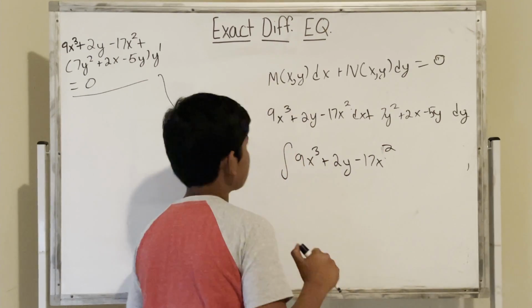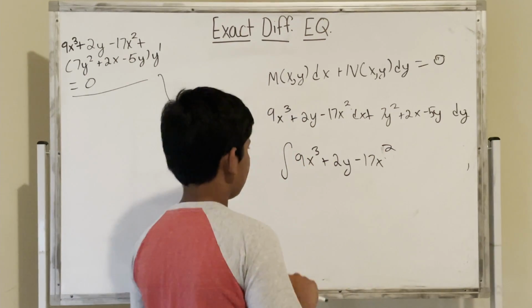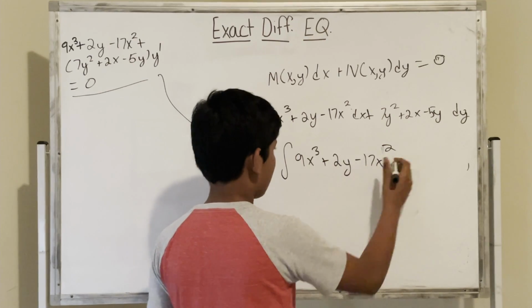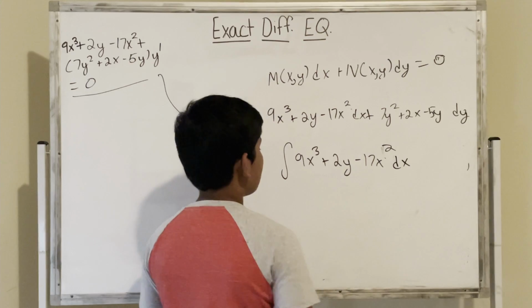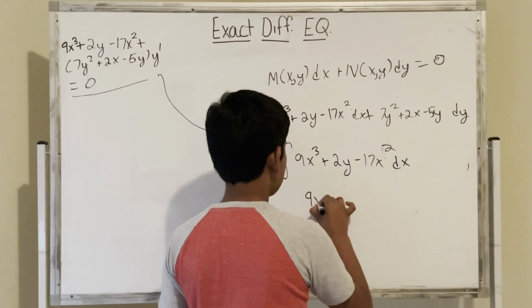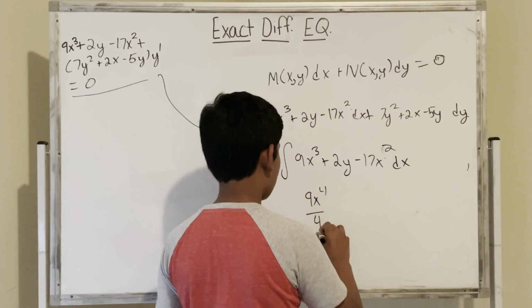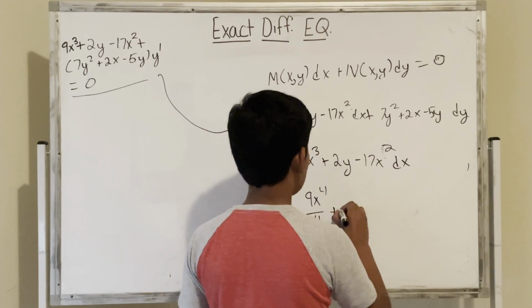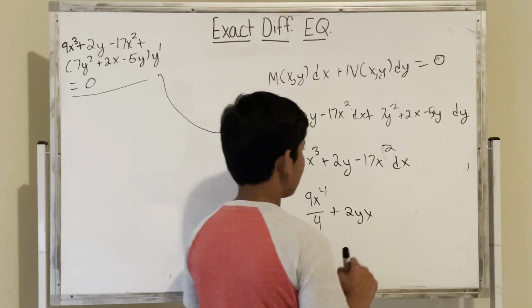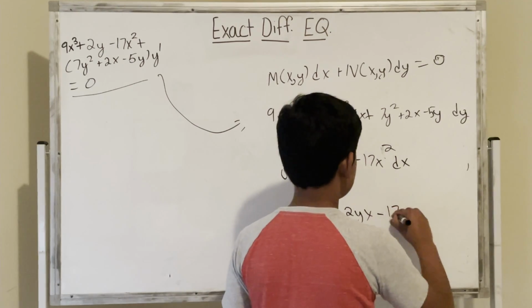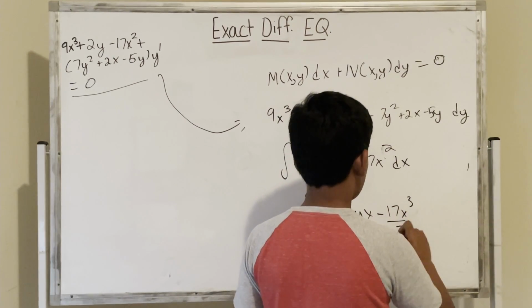To do this, remember we have to put with respect to x, and then this will be 9x raised to the power of 4 over 4, and then plus 2yx, because that's the integral of that, and then minus 17x cubed over 3.